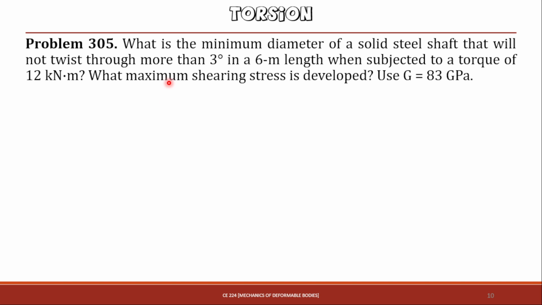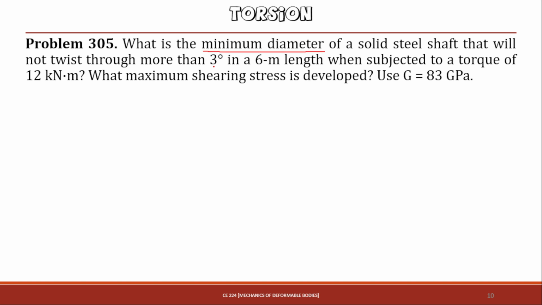So, for our next problem, problem 305: what is the minimum diameter of a solid steel shaft that will not twist through more than 3 degrees in a 6-meter length when subjected to a torque of 12 kN-m? So, ang hinahanap sa atin ay diameter.